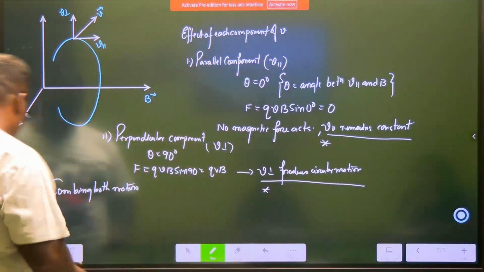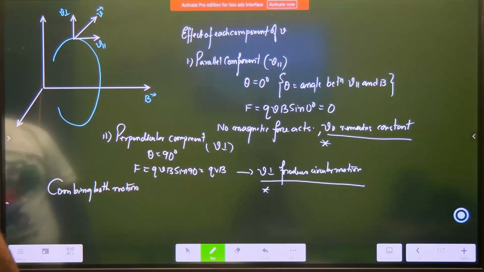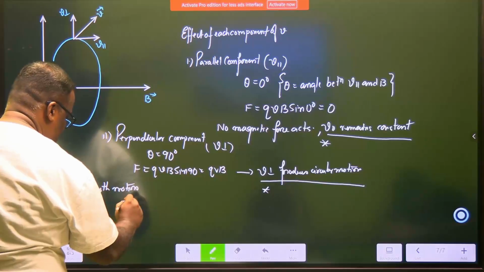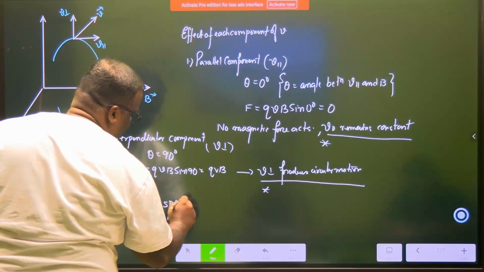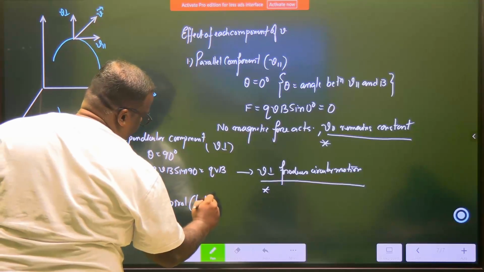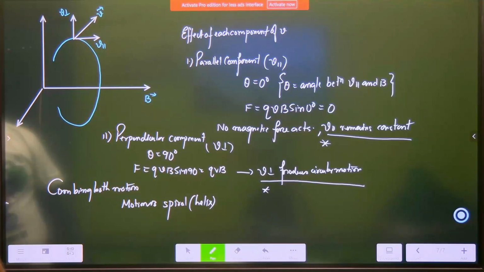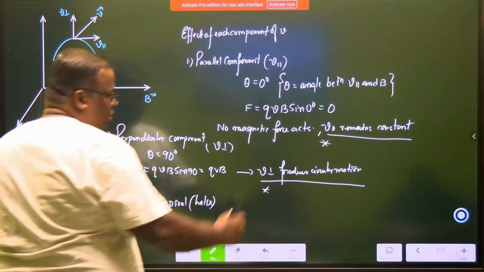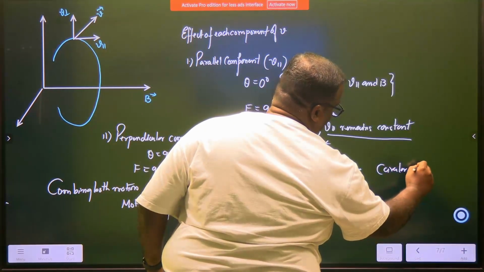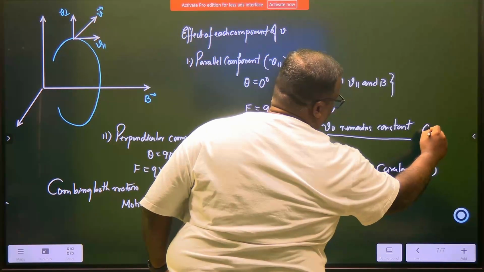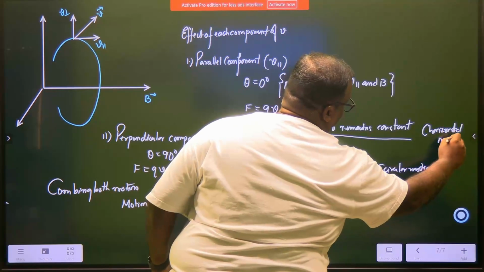So combining both motions, this is what is interesting: the motion is spiral or a helix. This one will give us circular motion, and this one will give us horizontal motion. Any doubt? Tell me, don't worry.